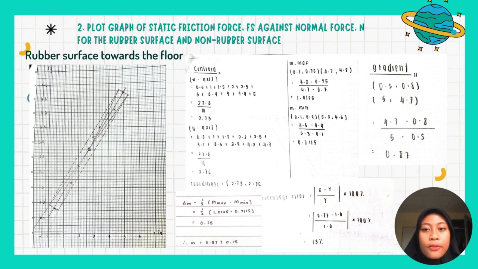After that, we have to determine the delta m by using the formula 1 over 2 multiplied by m maximum minus m minimum, and we get the delta m is 0.15. Lastly, for this graph we have to find the percentage error by using the formula modulus x minus y over y multiplied by 100%, and the percentage error we got is 13%.